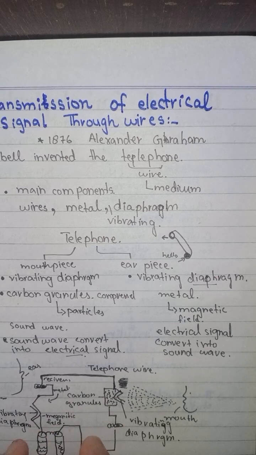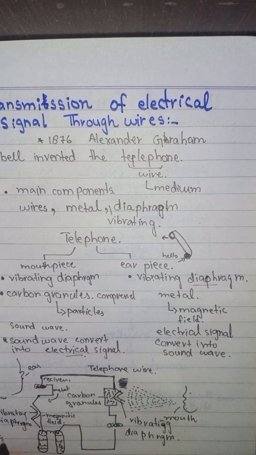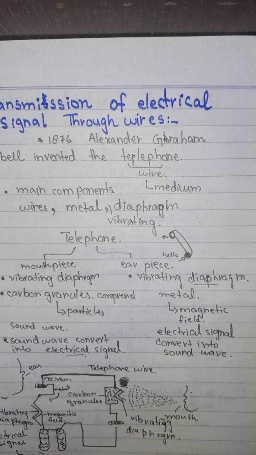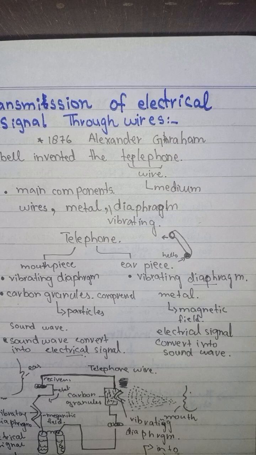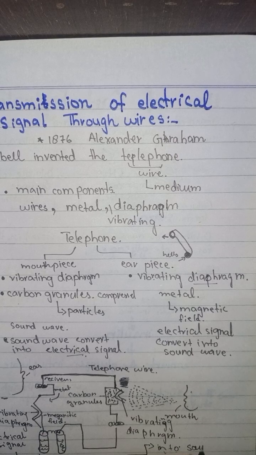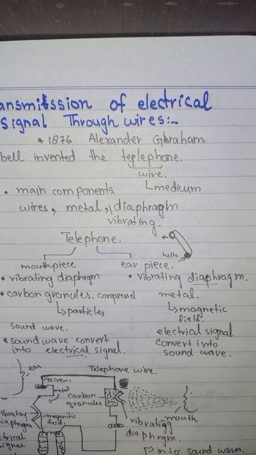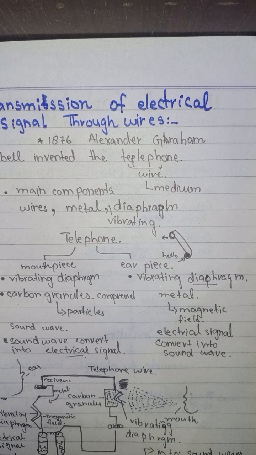Due to the magnetic field, the sound that was converted into electrical signals, those electrical signals will convert into sound waves when the person receives or hears. So this is how the process is happening in our telephone.